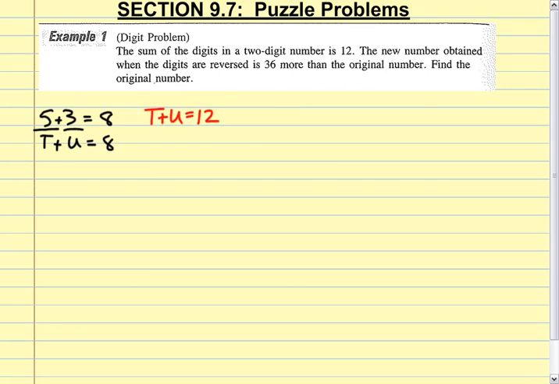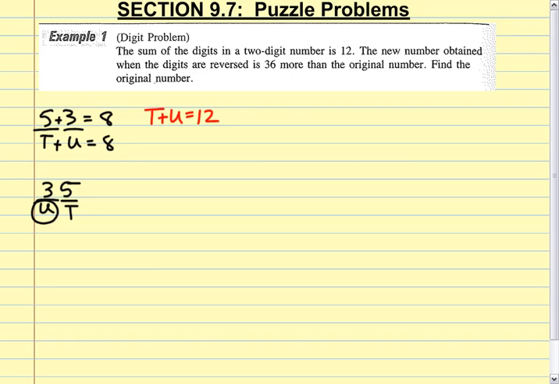Now, the next thing it says is that the new number obtained when the digits are reversed. So now we're reversing the digits. It's 35 instead of 53. But do you see now, if I switch these, this is the u and the t, the u is worth 10 because it's in the tens place.